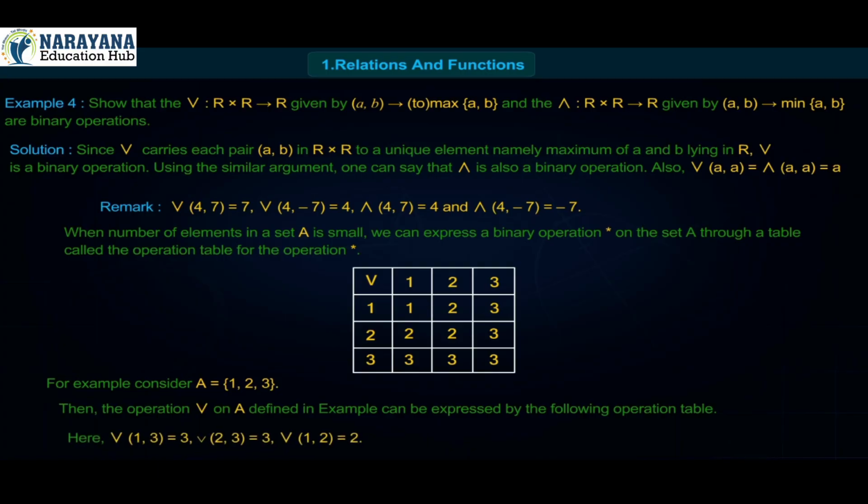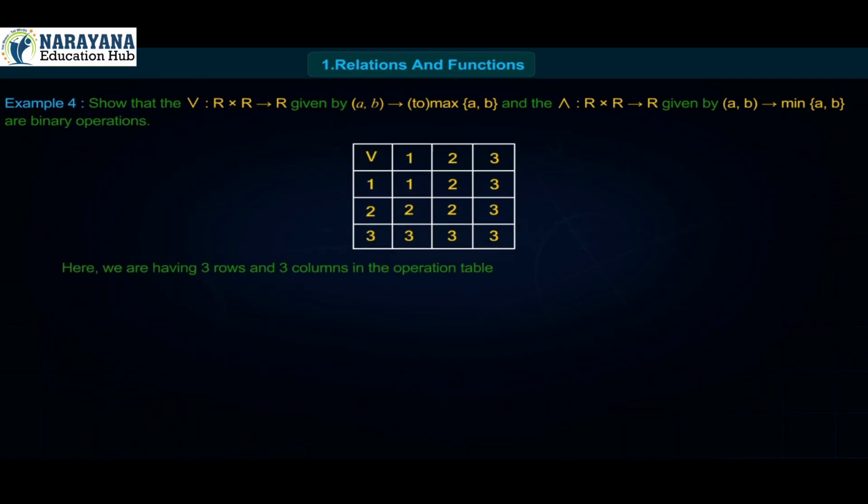Here ∨(1, 3) is equal to 3, ∨(2, 3) is equal to 3, ∨(1, 2) is equal to 2. Here we have 3 rows and 3 columns in the operation table, with the (i, j) entry of the table being the maximum of the ith and jth elements of the set A.